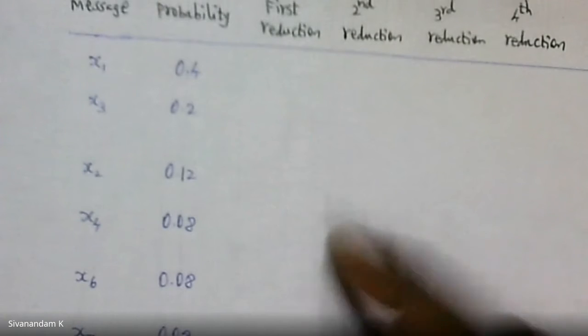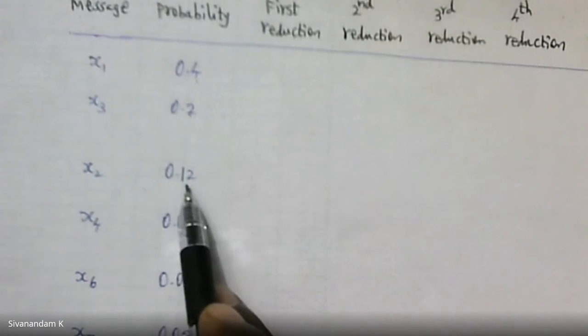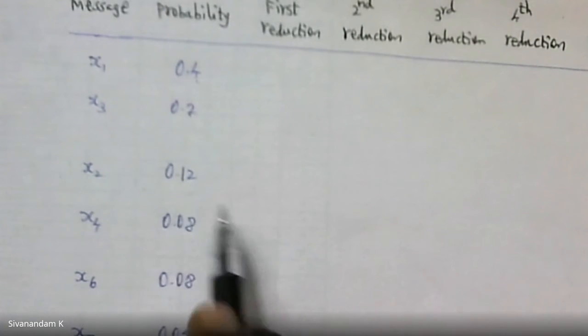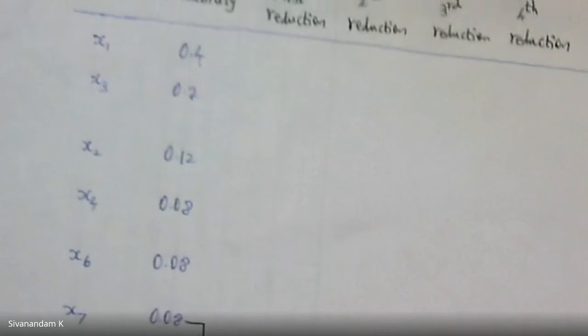In the second step, the 0.12 also we need to place in decreasing order. The first position is 0.4, the second one is 0.2, then 0.12. So we will place this probability value in the fourth location.